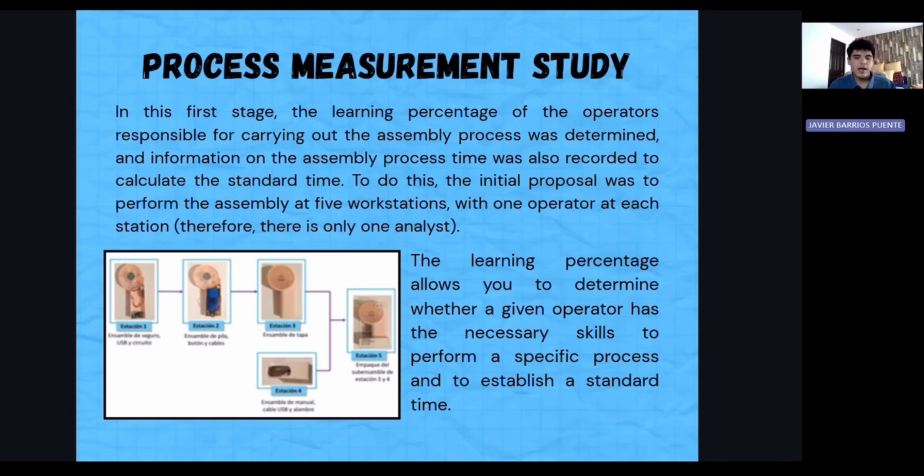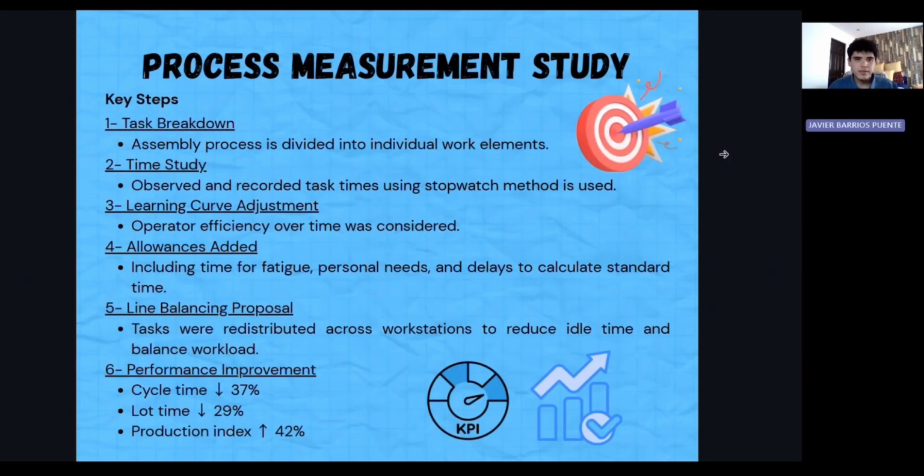Therefore, there is only 1 analyst. The learning percentage allows you to determine whether a given operator has the necessary skills to perform a specific process and to establish a standard time.